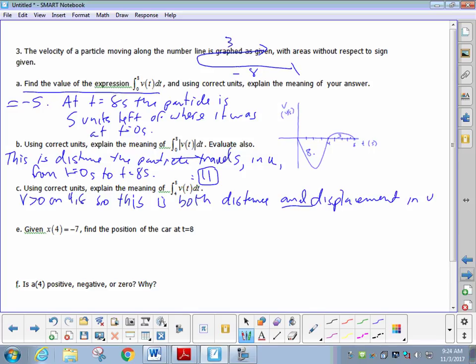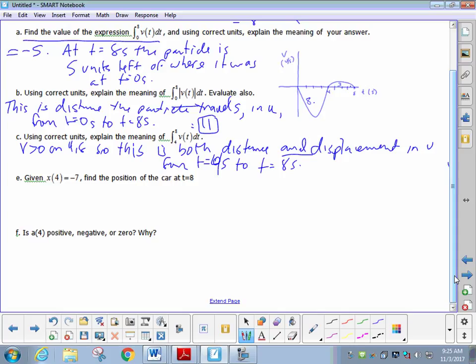In units from time 0 seconds to time 4 seconds to time 8 seconds. Does not ask you to find it, although if I found it, it would be 3.